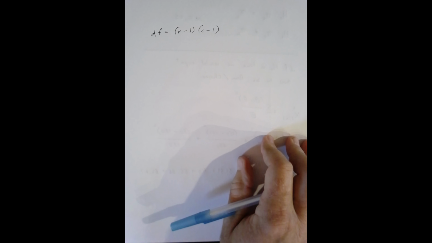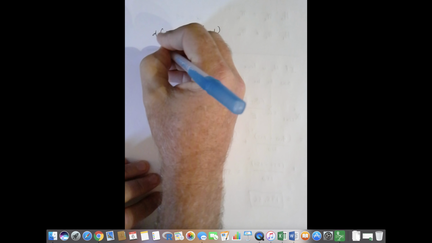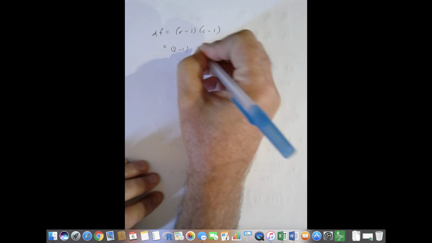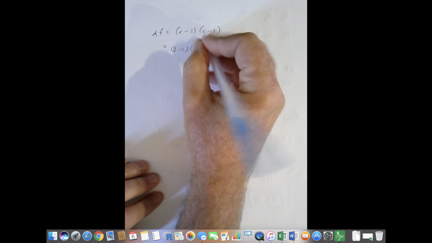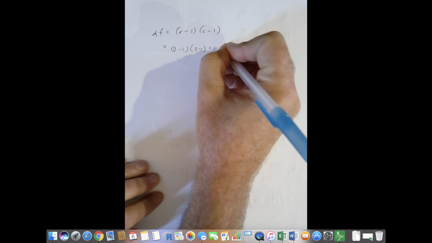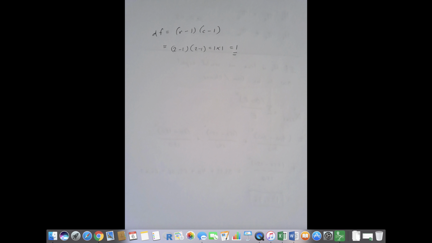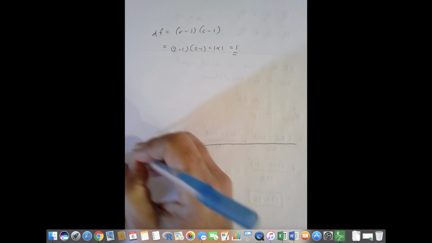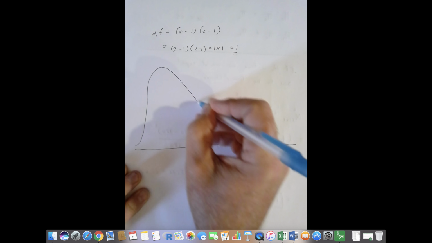So our degrees of freedom can always be found by the number of rows minus 1 times the number of columns minus 1. Well, in this case, we have 2 rows because we have Democrat and Republican. We have 2 columns, pro-life and pro-choice. So you can see how they get the degrees of freedom equal 1. So guys, what we're dealing with here is the chi-square distribution.